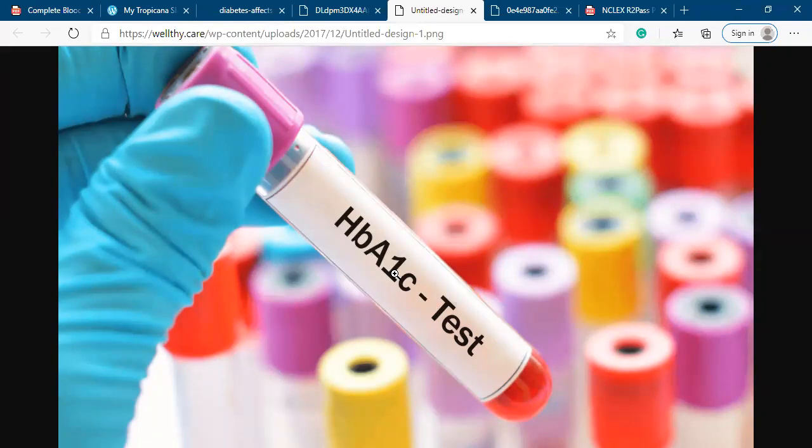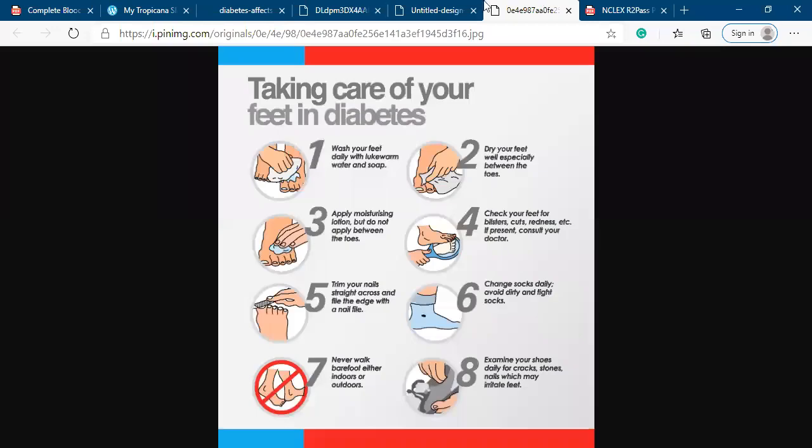And now we are going to talk about another most important piece of information: how to take care of the patient's feet. It's called diabetes mellitus foot care. NCLEX frequently asks the question of how we have to take care.